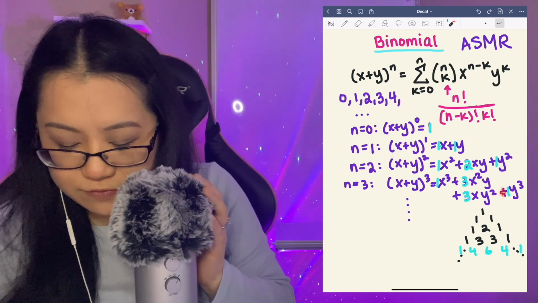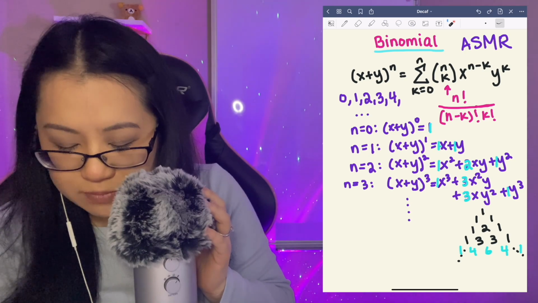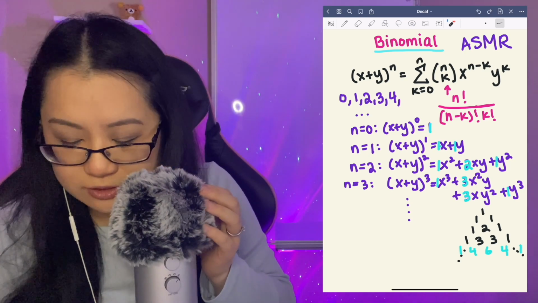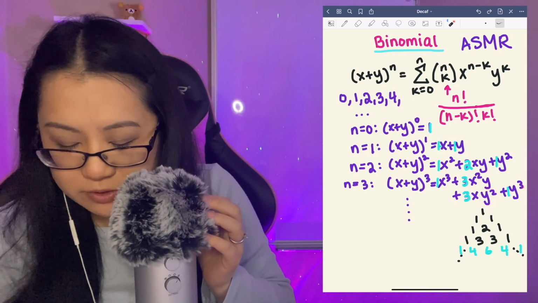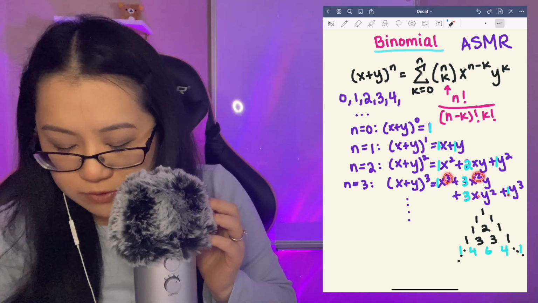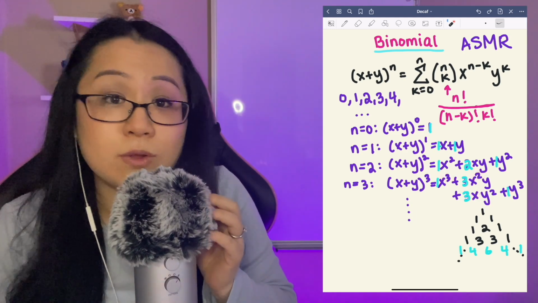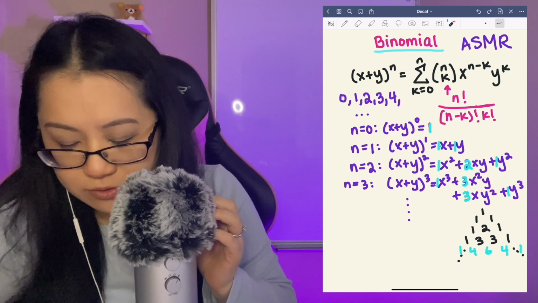And then for the next term, you go back down to 1, and you go down by 1 for x, so from x to the power of 1 to x to the 0, which is just 1, it goes away, and then y squared goes up to 3. So if you're looking at the x terms, you go from 3 to 1, 0, and if you're looking at the y terms, you're going from 0, 1, 2, 3.